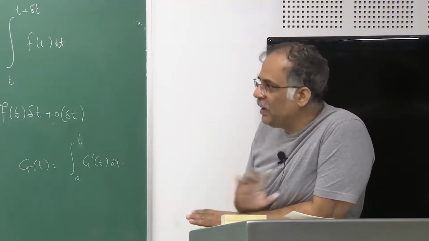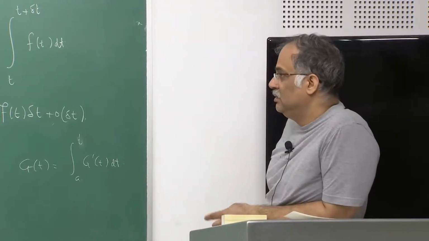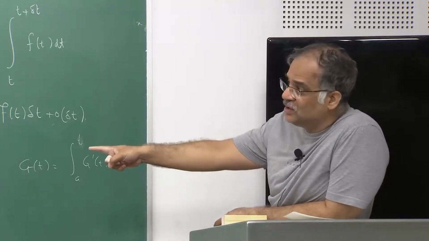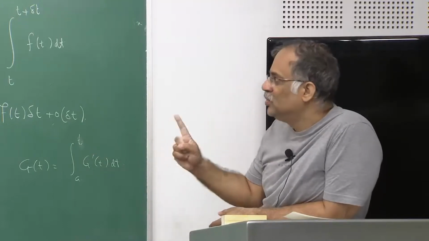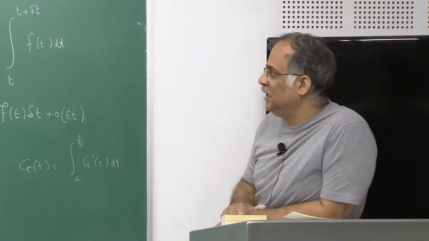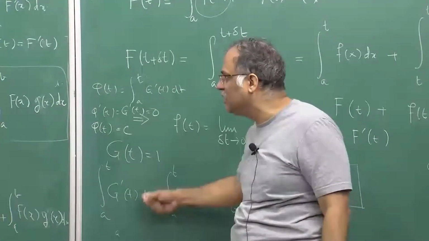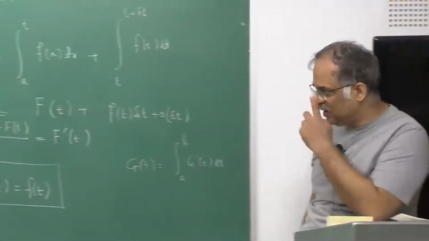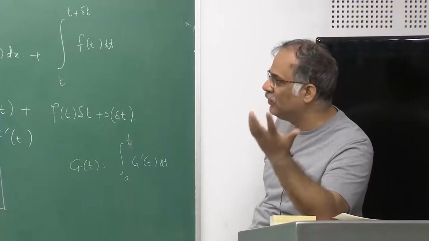So, I am happy that a good amount has been finished, but I would again like you to think about this. This is something too crucial to understand: this function is a constant. When you have a constant function, you have to be very careful. When you differentiate a constant function, you get the zero function.